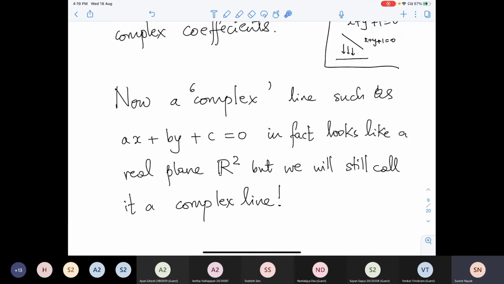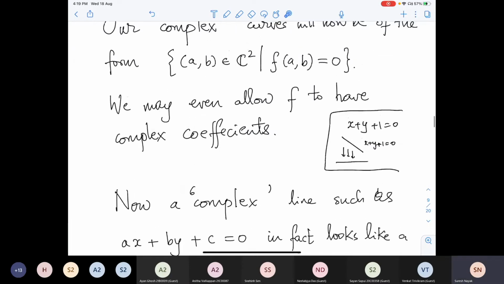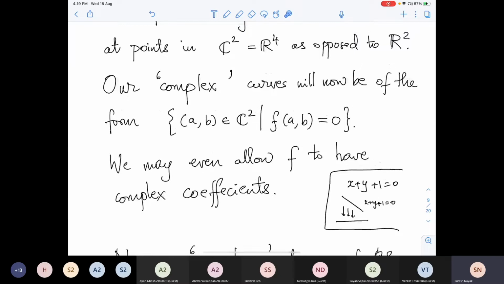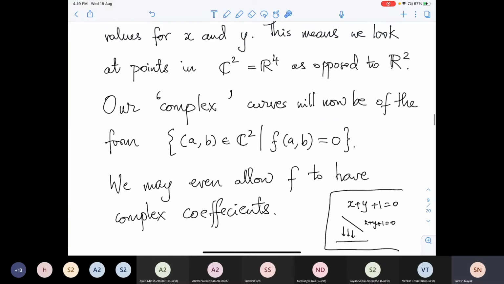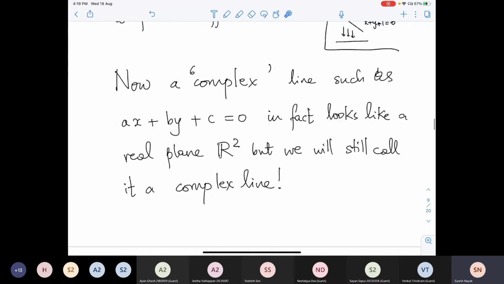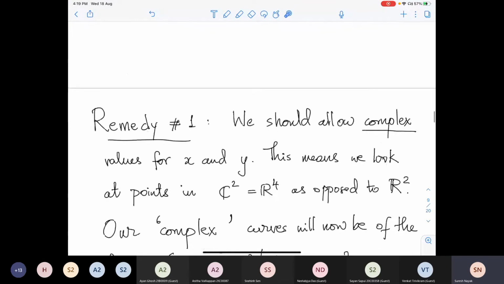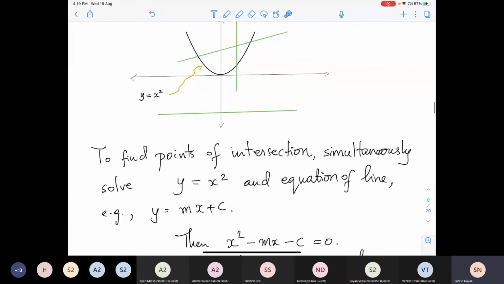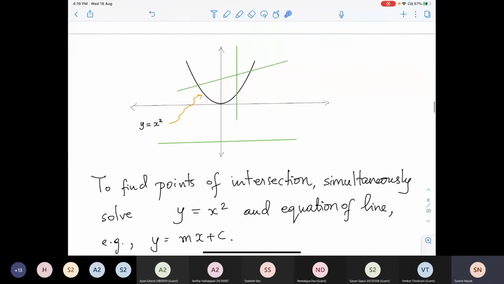So with this situation, we will go back to our familiar curves, and instead of looking at only the real points, we can try to look at the complex points. And when we do that, we can hope to get a better theorem. So that is our first remedy. And indeed, that takes care of, let's come back here, several lines here.